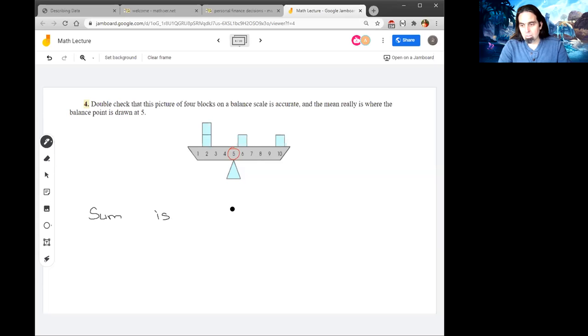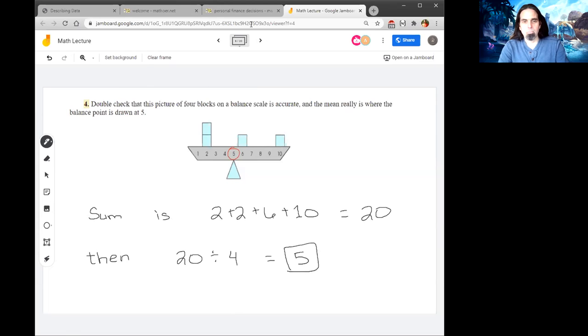I see some yeses. There's two 2s, a 6, and a 10. So that's 20. Divide by how many? And yeah, 5 is our answer.